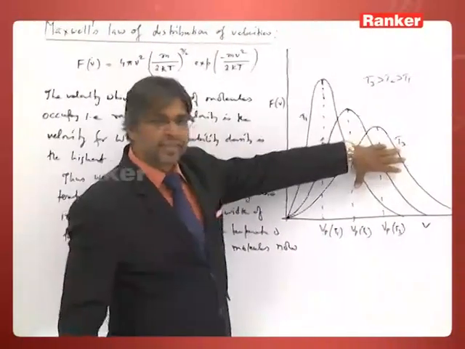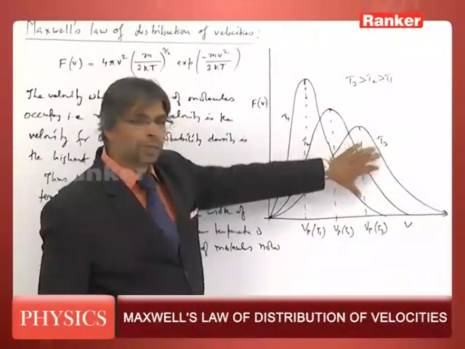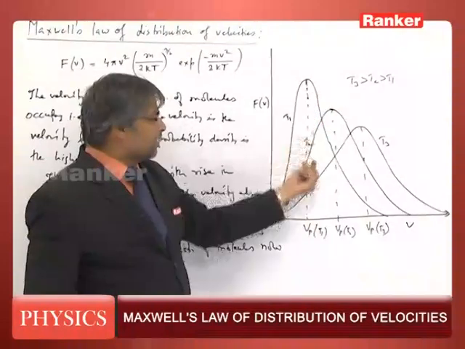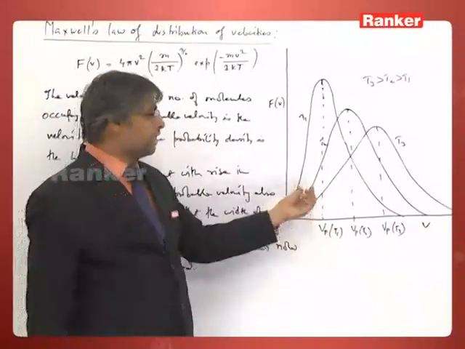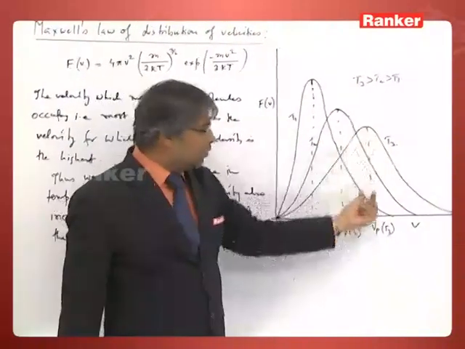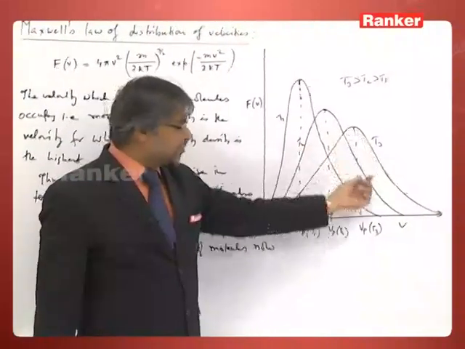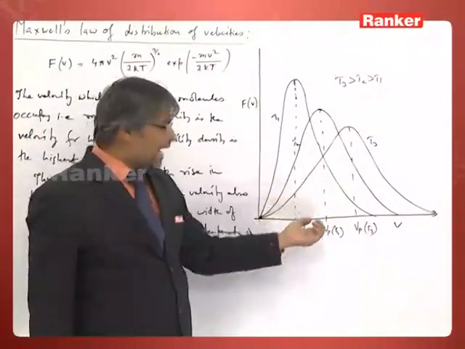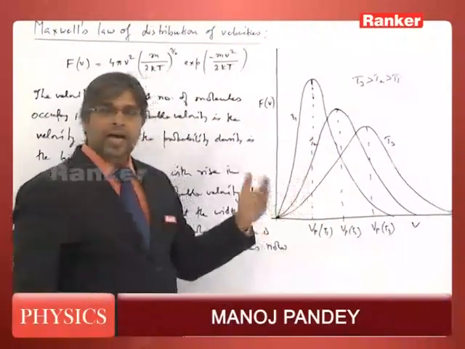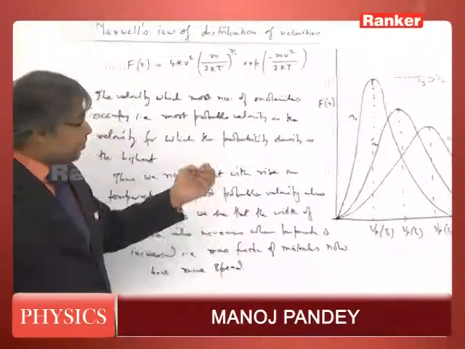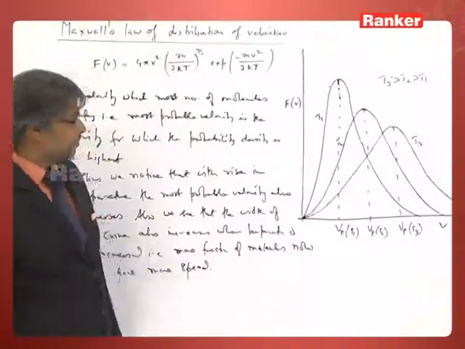As this width increases, that means this velocity range, previously the most probable velocity was, suppose, occupied by only 25% of molecules. Now 75% of molecules will occupy this velocity range. That means with higher temperature, the higher velocities are occupied by the most number of molecules.